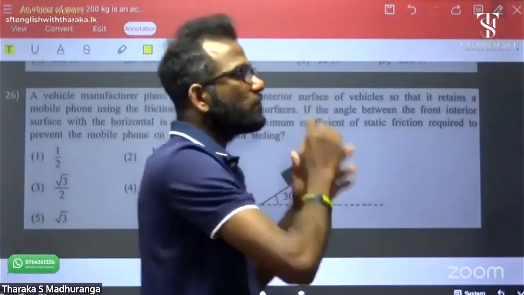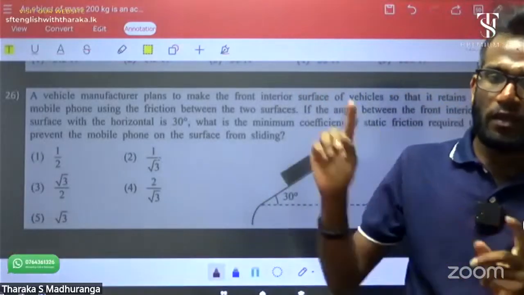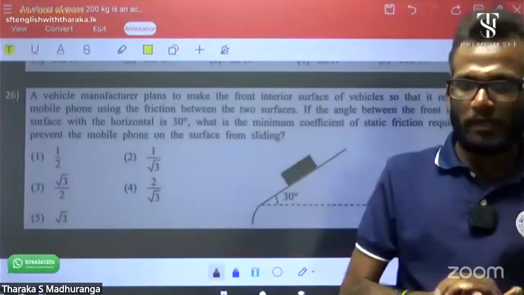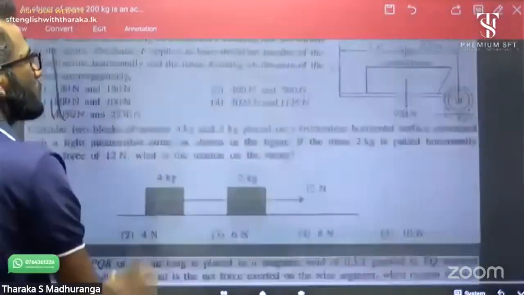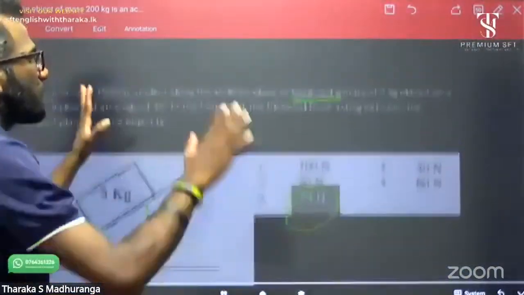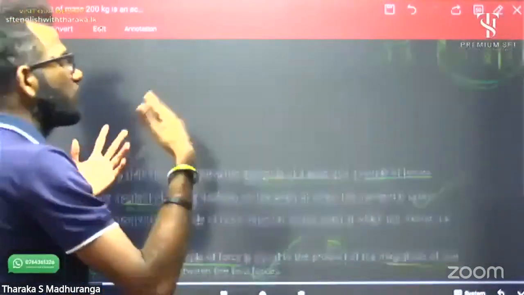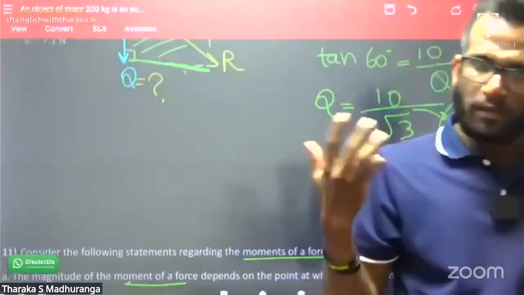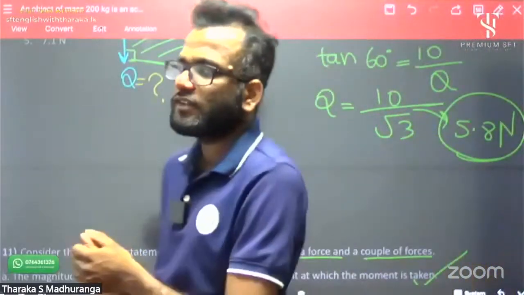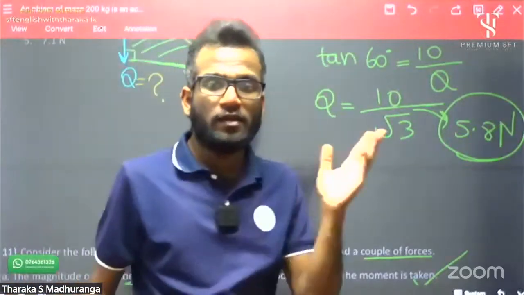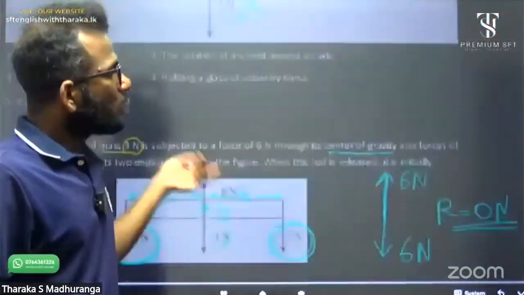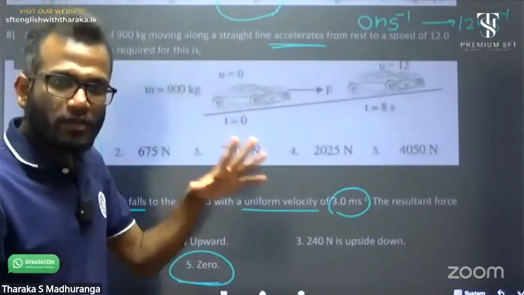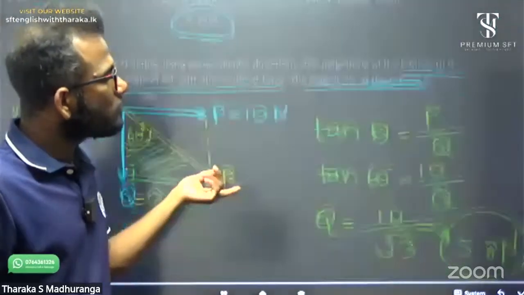Okay, let's start the 21st question Sunday 2 p.m. Today we discussed 20 questions from basic level. Everything I explained: moment of force, couple of force, balanced system, unbalanced system, resultant force, perpendicular reaction. I hope you got a lot of understanding about the force lesson. Now you can measure it. We discussed 19 questions.